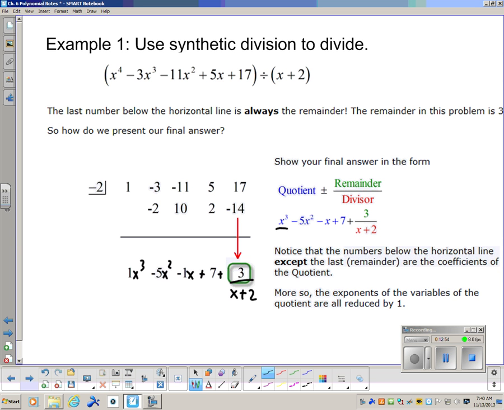So again, they're saying take your quotient, so their quotient is the answer you end up with here, and then adding your remainder, which is 3 in our case, divided by what we originally divided by, which is our divisor, x plus 2. So that's how you write out your answer. So we'll go through some more examples here on the next video.